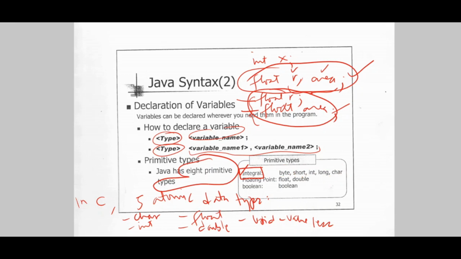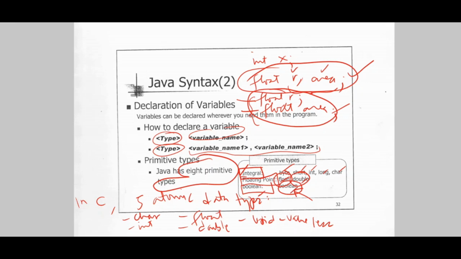The second group is called floating point, and in this group we have float and double, just like in C programming language. For the third group, it's boolean, and the boolean data type belongs in here. So for the first group, we have 5, for the second group we have 2, making 7, and for the third group we have only 1, so 8.